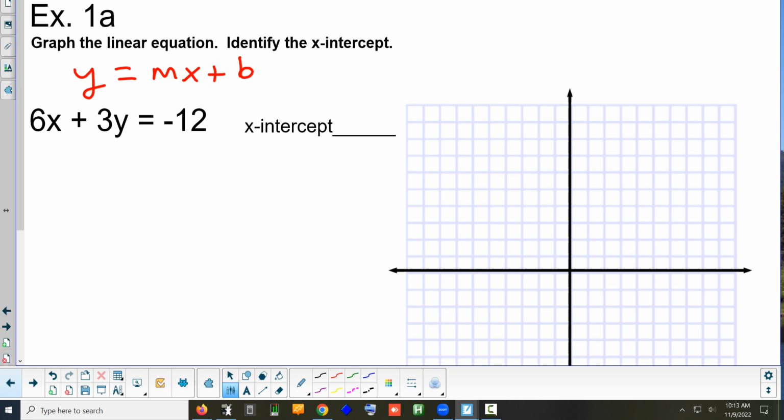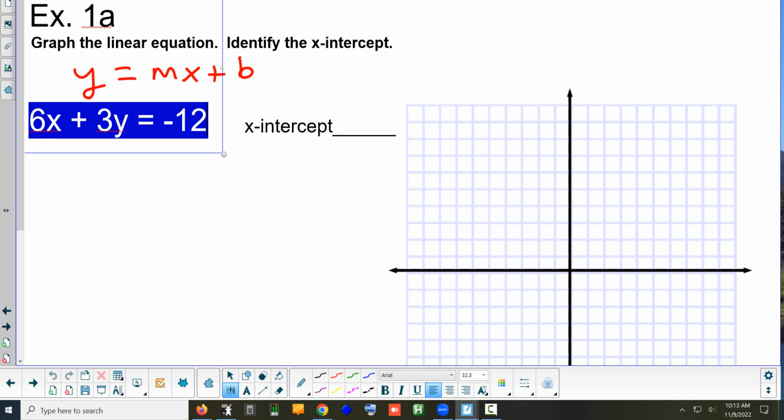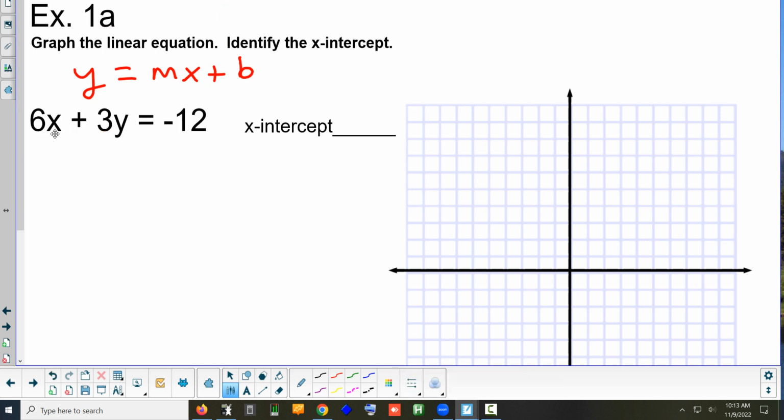So the first thing we always do to get it in y equals mx plus b, if you need to do anything, and here you do, is you deal with the number with the x. We want the number with the x on the other side. So how would I move the 6x to the other side?